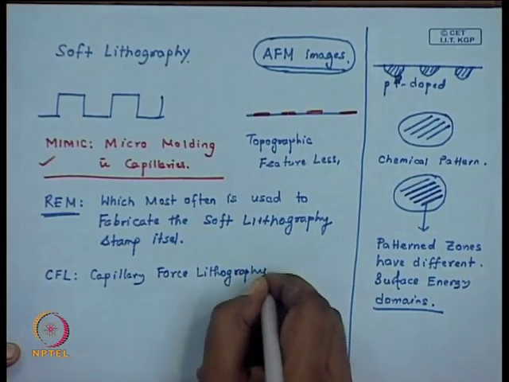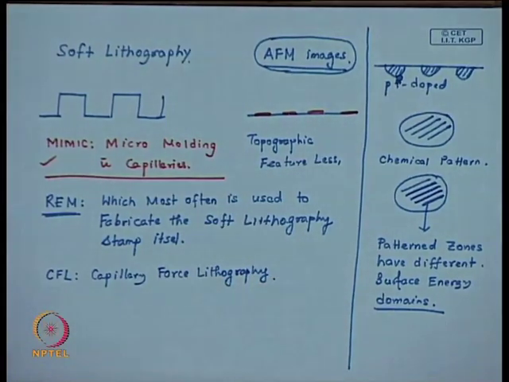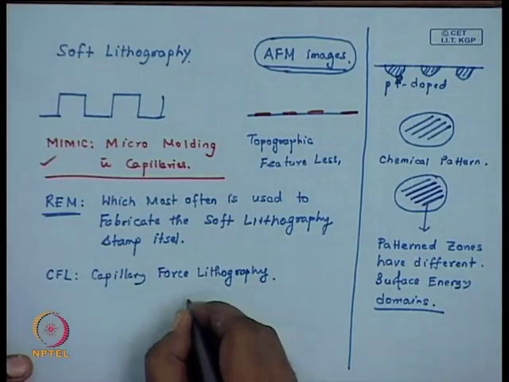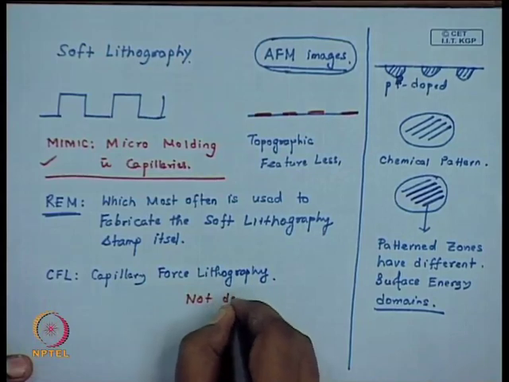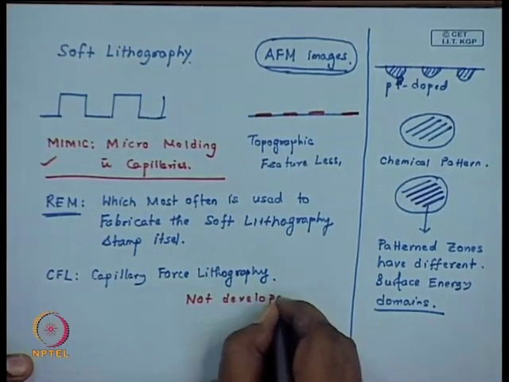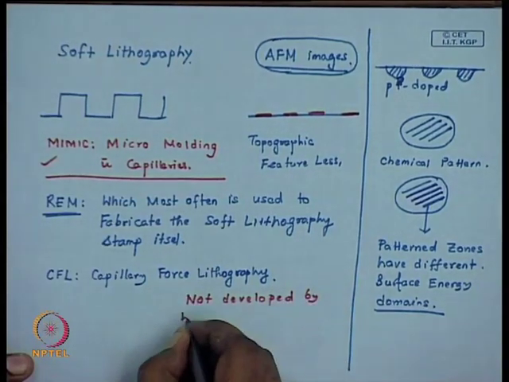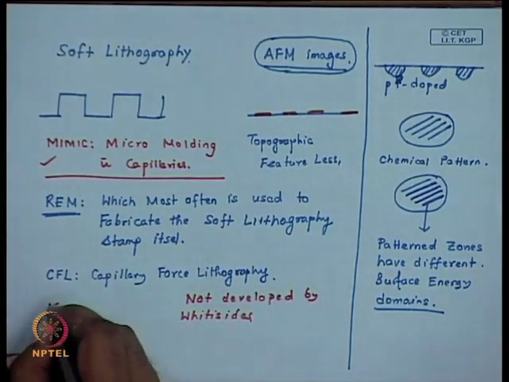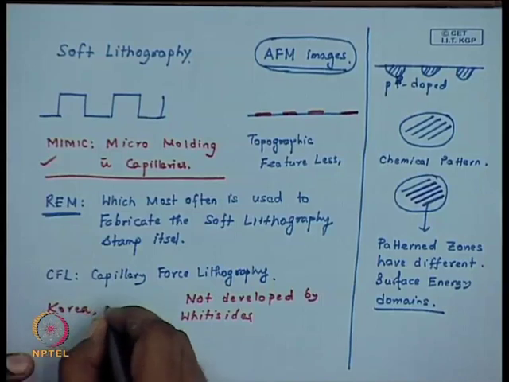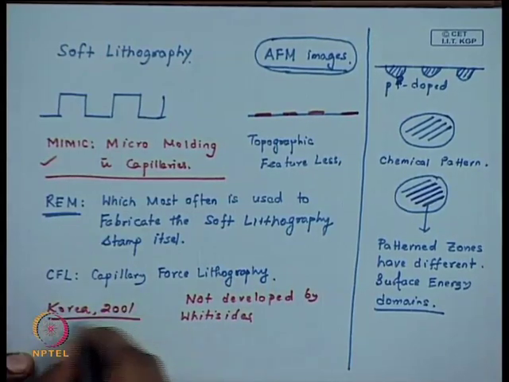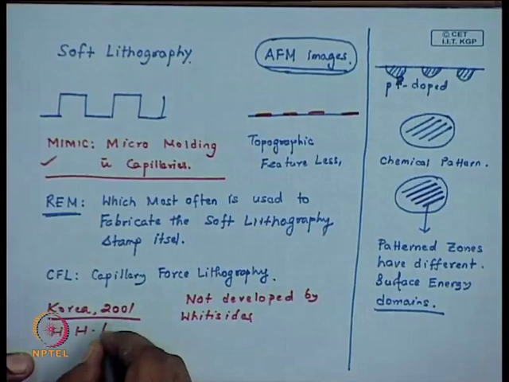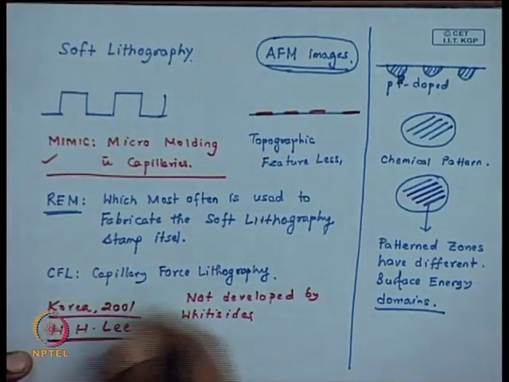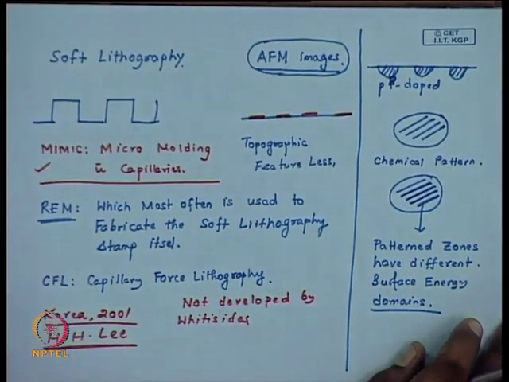It is worth remembering that CFL is the only major soft lithography technique that was not developed by the pioneer, not developed by Whitesides' group. This was developed in Korea around 2001 by Hong Lee's group, another person who has very significant contribution in soft lithography.